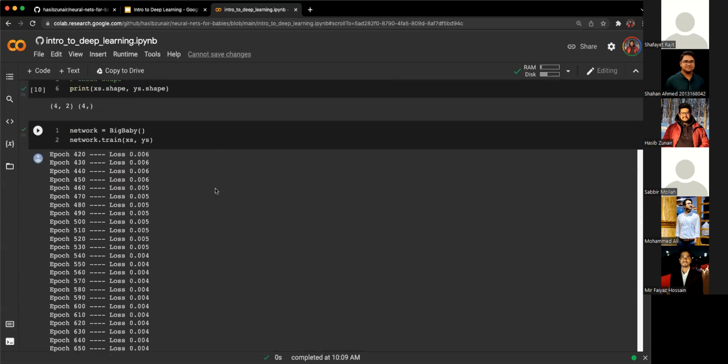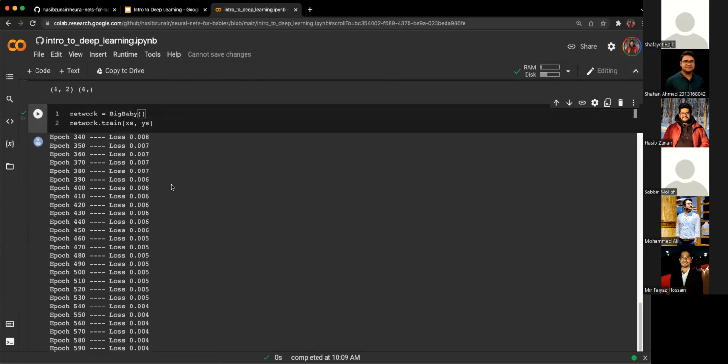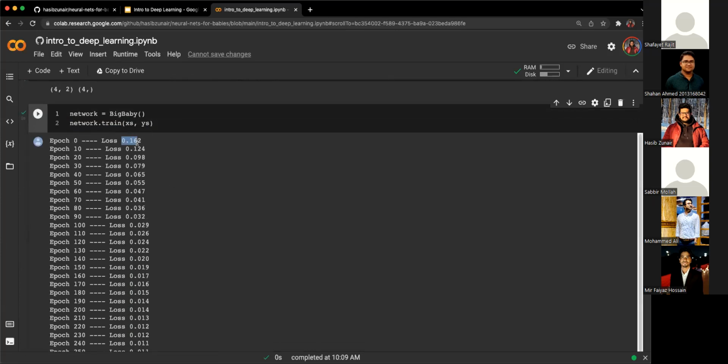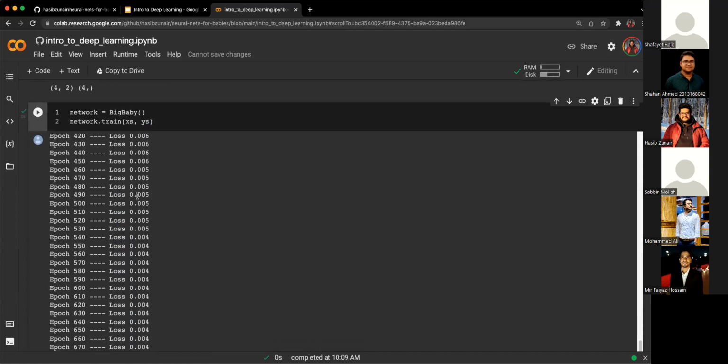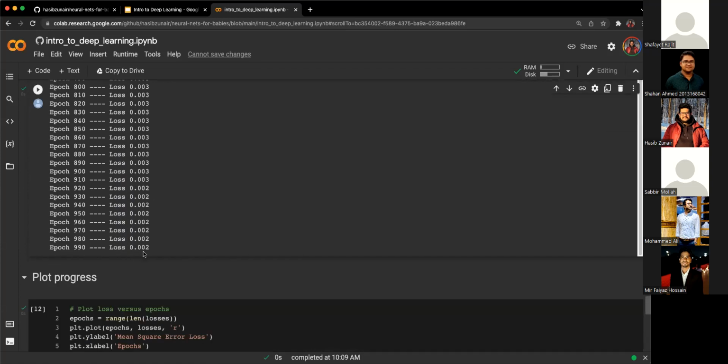When we are training the model, let's say we start off with a loss, which is the MSE loss in this case, of 0.16. And let's say we train it many times, we're going to end up at a loss of 0.02.